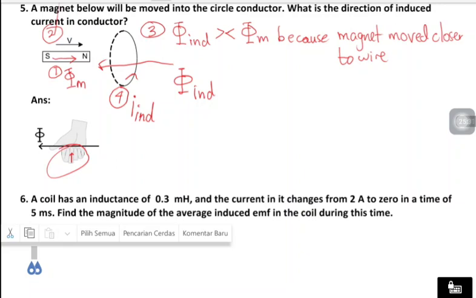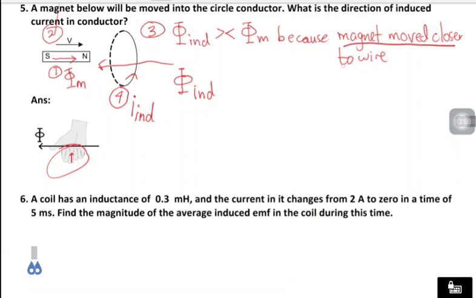Velocity is becoming closer to the wire, so in step number 3, because the magnet moves closer to the wire, the direction of induced flux will be opposite to the main flux, and the opposite direction is to the left.